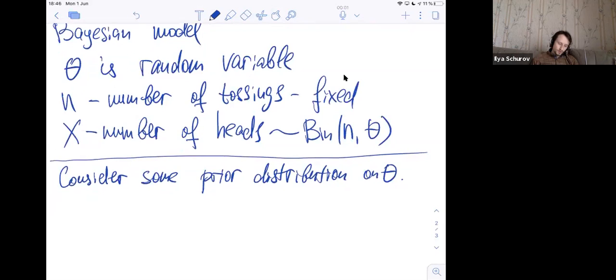Let us consider, for example, that theta can be either 0.5 or 1. So we have theta and we have probability. Which probabilities will we put here? What is our belief that probability that theta equals to 0.5? What is the probability that I want to put here?